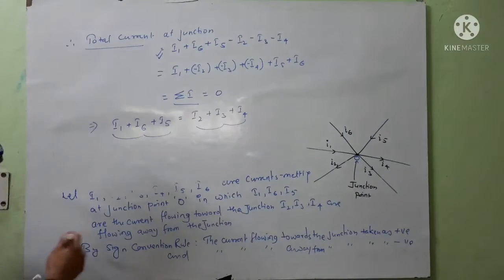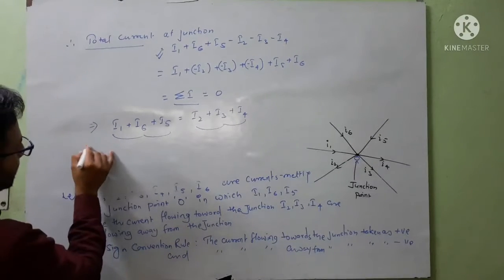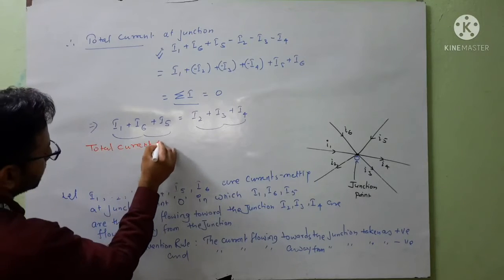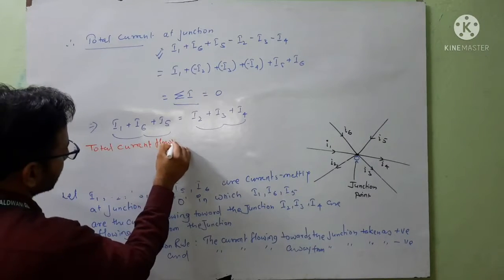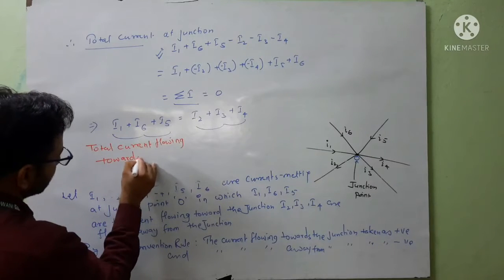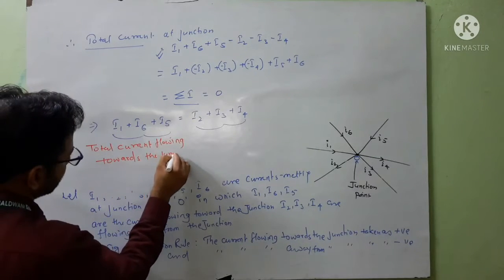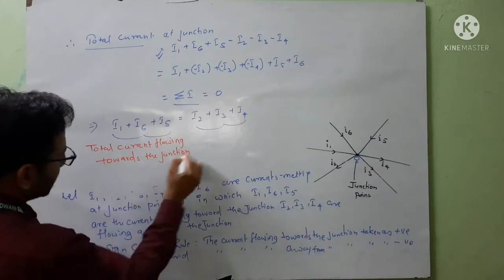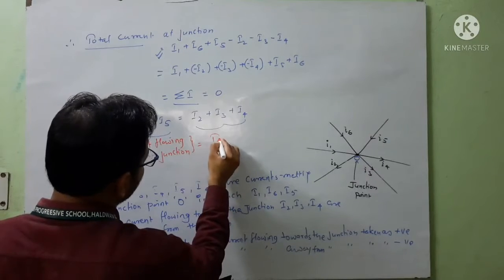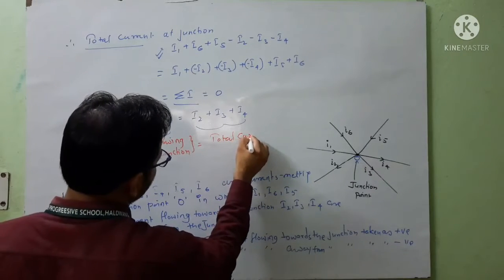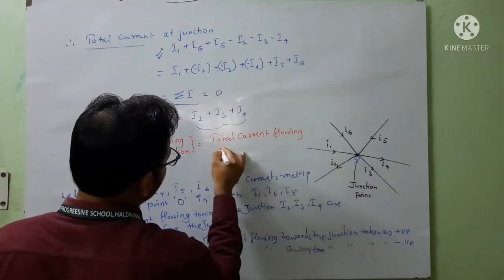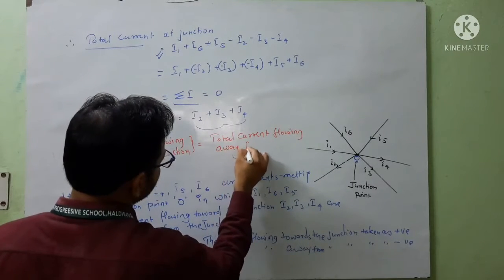We can write: total current flowing toward the junction is equal to total current flowing away from the junction.